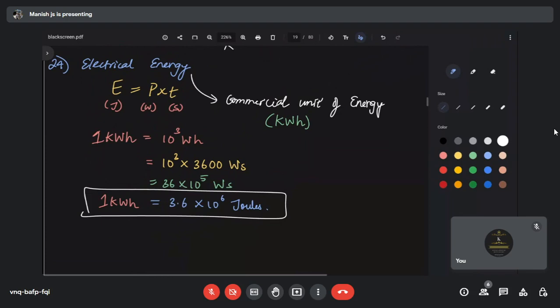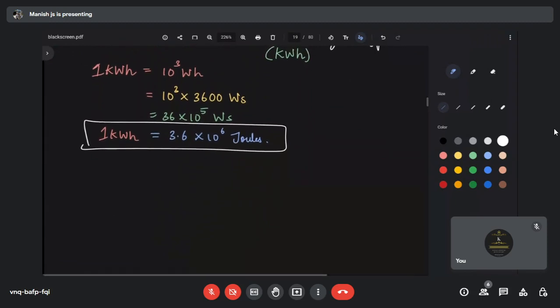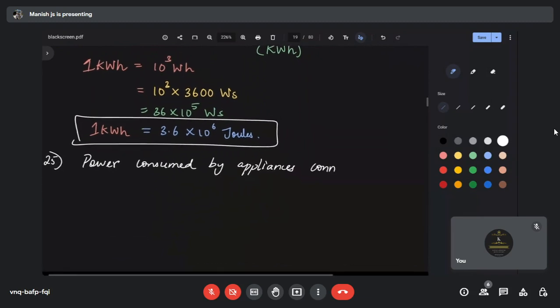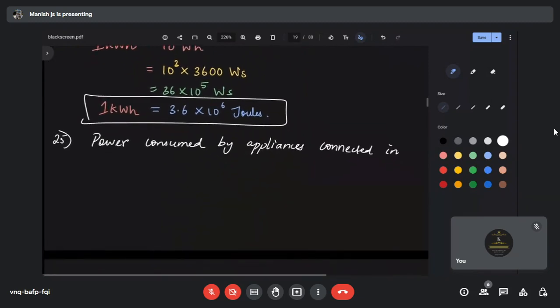And power consumed by appliances. Next, we are seeing power consumed by appliances connected in parallel combination.